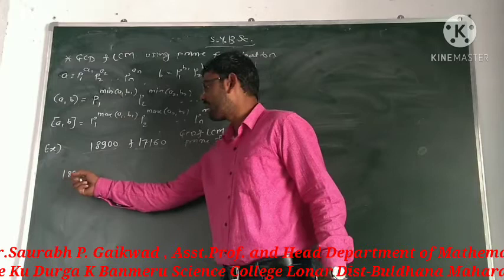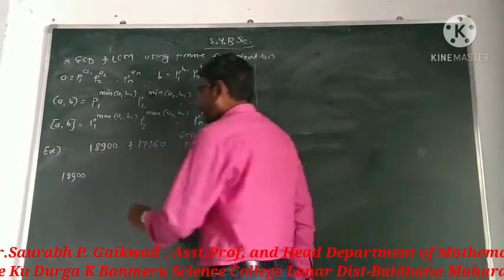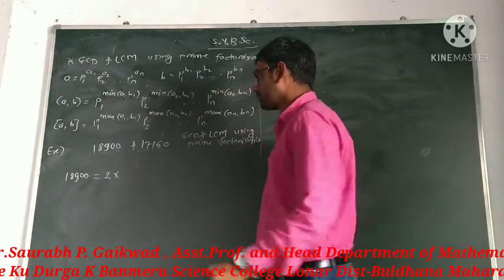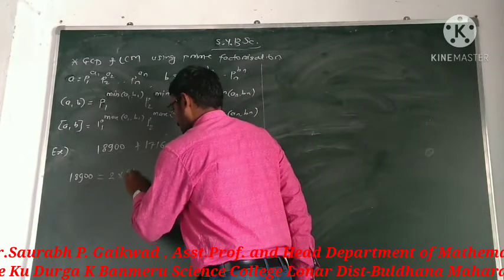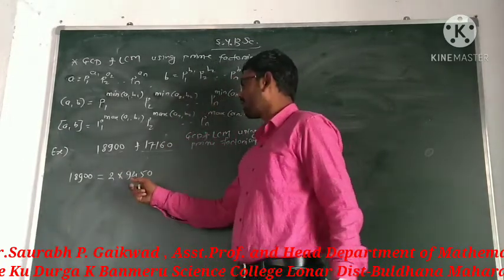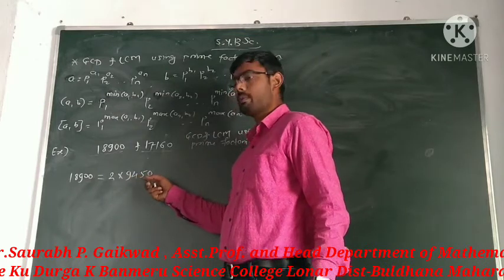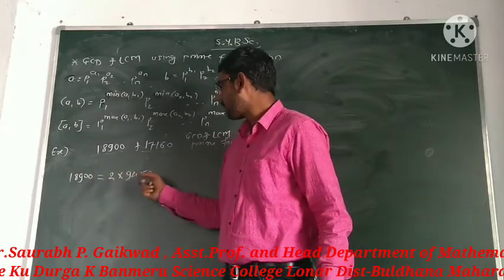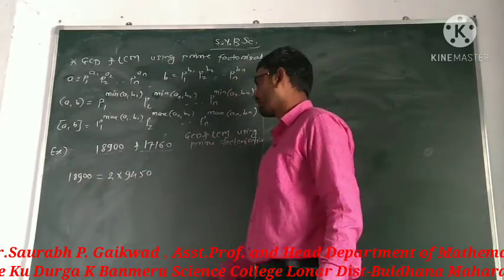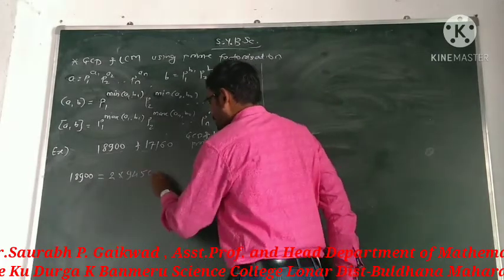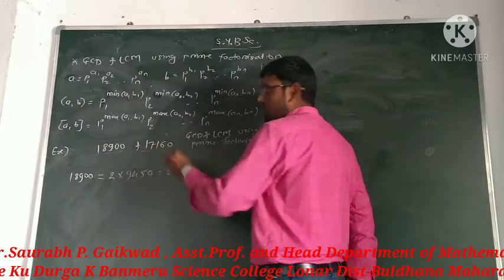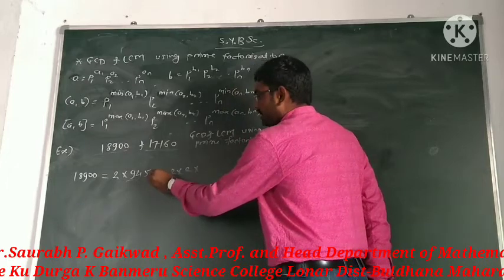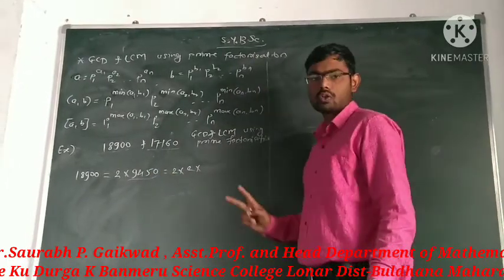First, we will write 18900 in terms of powers of primes. We know 18900 is equal to 2 into 9450, because 9450 into 2 is equal to 18900. Again, we can write 9450 as 2 into, since the unit place is even, so we can divide by 2.